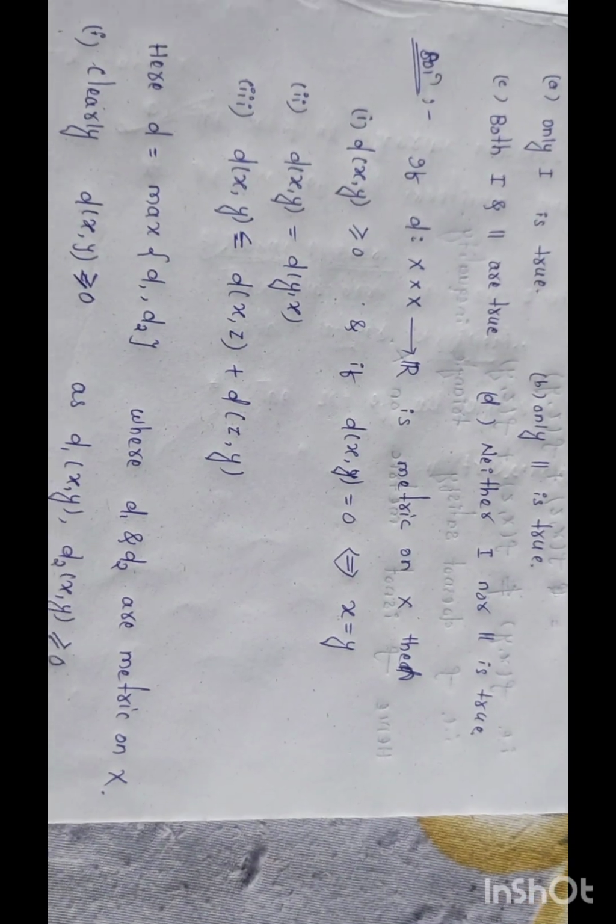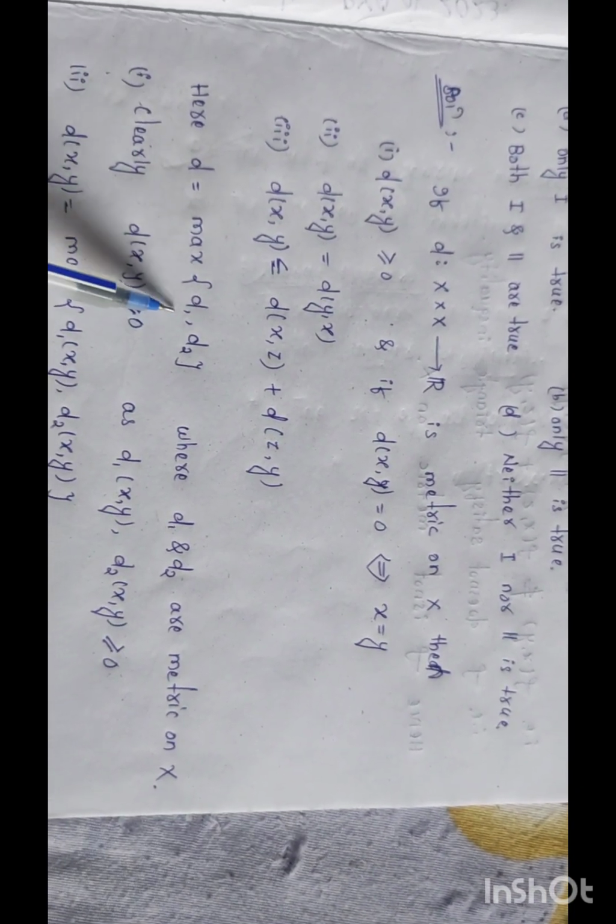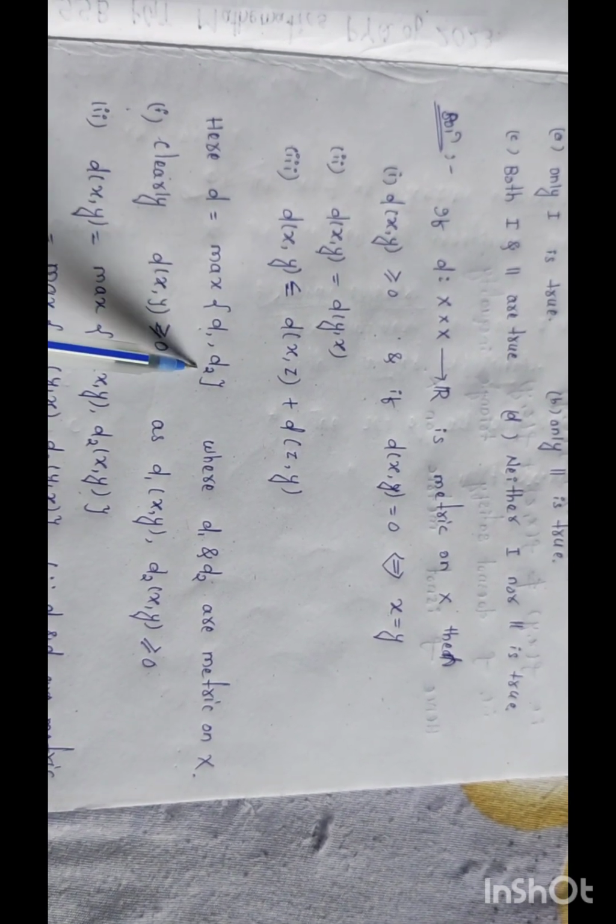So what will we do? Here D is given as max of D1 and D2, and here we know D1 and D2 are metrics on X. Okay, so clearly D of xy is greater than or equal to 0, because D1 is greater than or equal to 0 and D2 is greater than or equal to 0, so their maximum is clearly greater than or equal to 0. That means D of xy is greater than or equal to 0. Then next come to the next property.